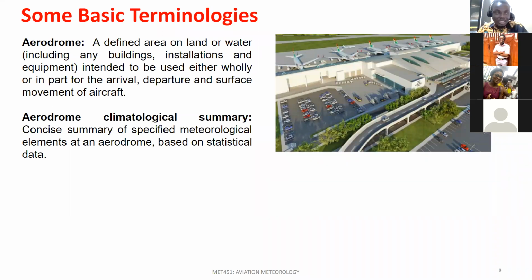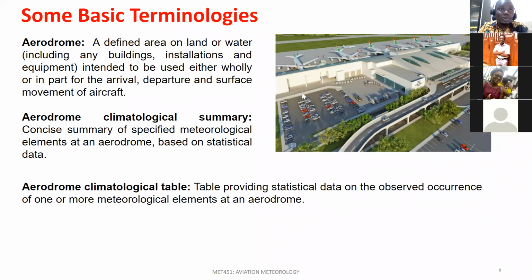When we look at the structure very soon, in some few slides, we'll get to see what the structure of the aerodrome actually is. And so if you look at the right-hand side, you have an image of what an aerodrome looks like. And so within the aerodrome, the duty of the meteorologist there is also to provide some climatological summary.